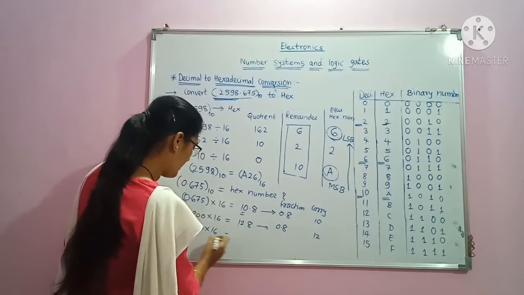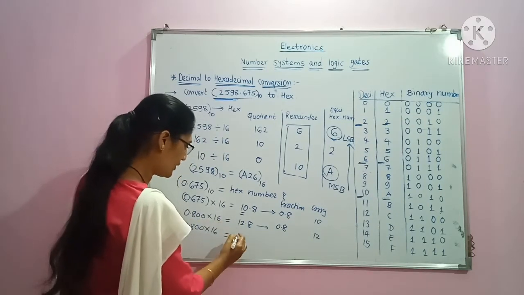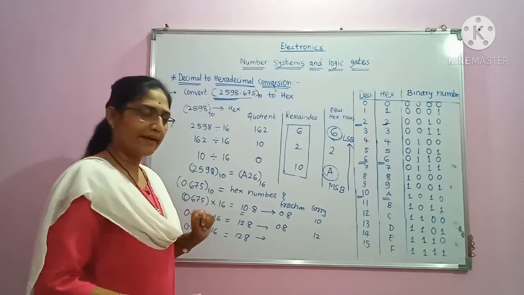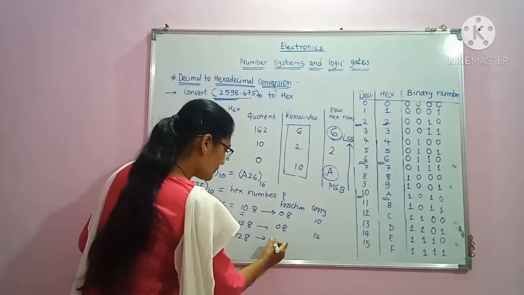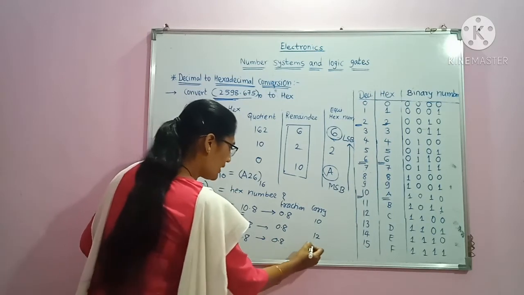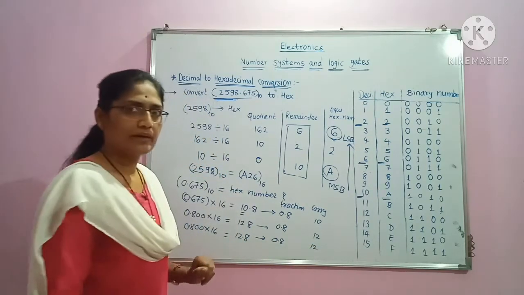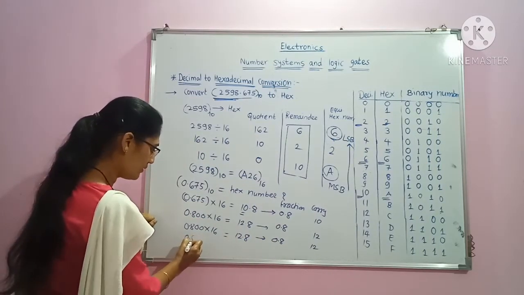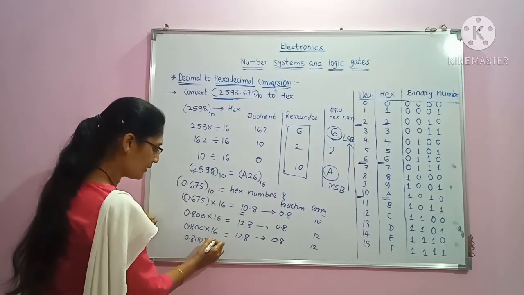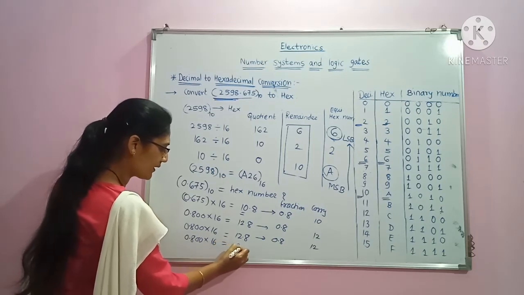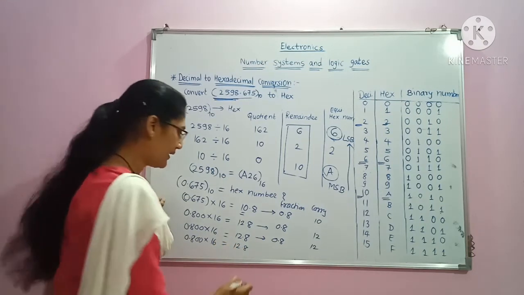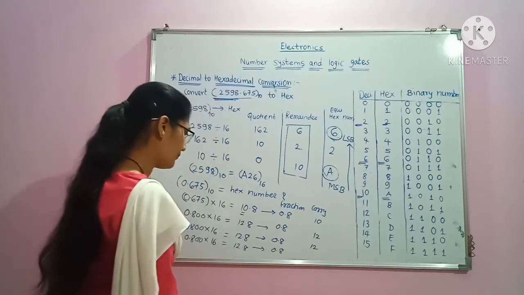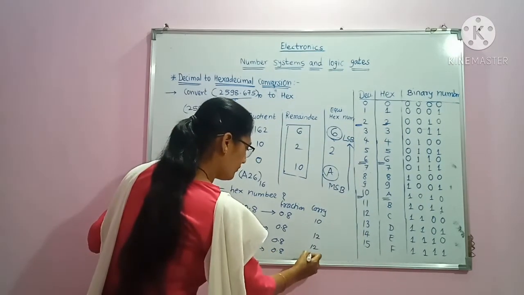Again I obtain 12.8, and I split it into a fraction part and an integer part. Again I take this number and multiply it with 16. It again gives me 12.8, here 0.8 and here 12.